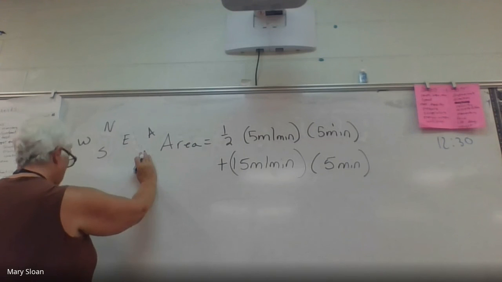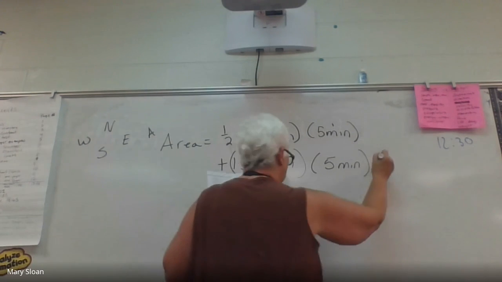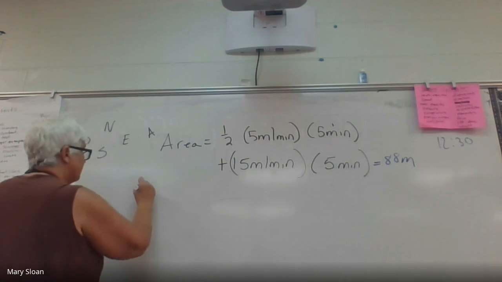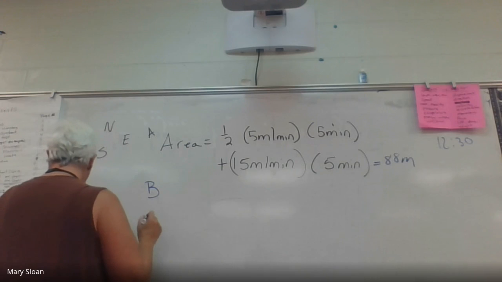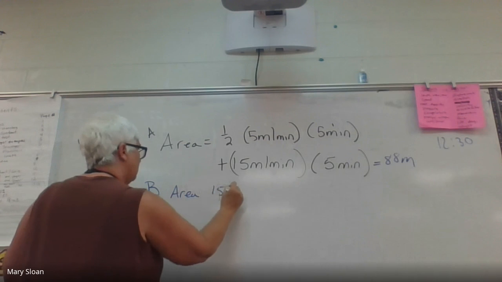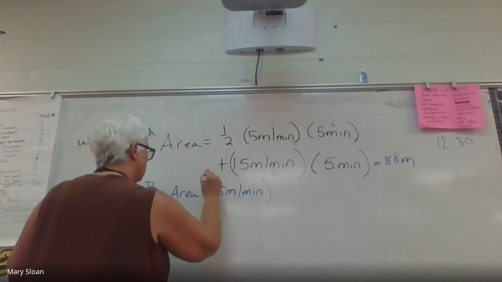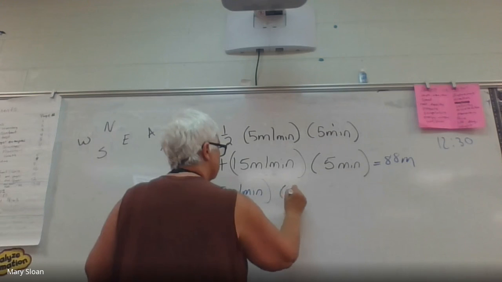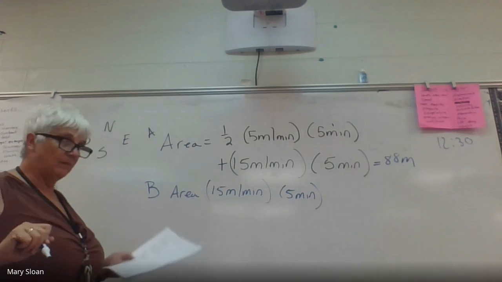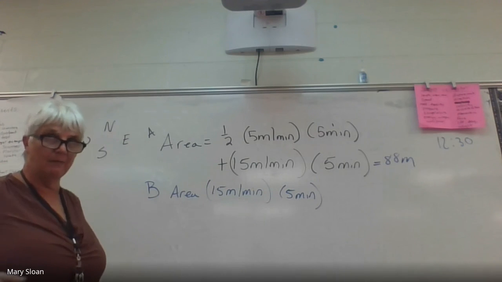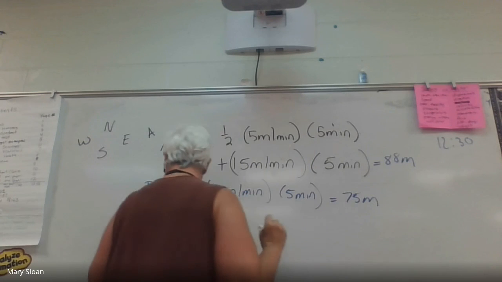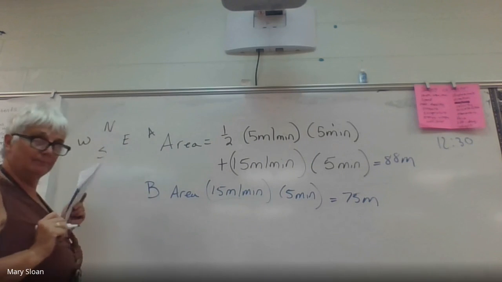If this is 88 meters, then for answer B, it's asking us for the area of 15 meters per minute times 5 minutes. What is my answer for that? 15 times 5 is 75. Okay. Do you want to do the next one, C?